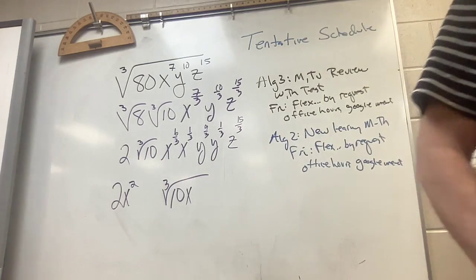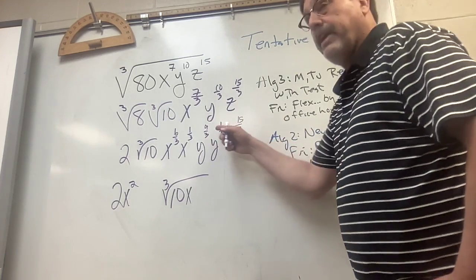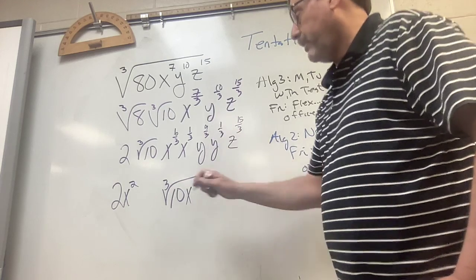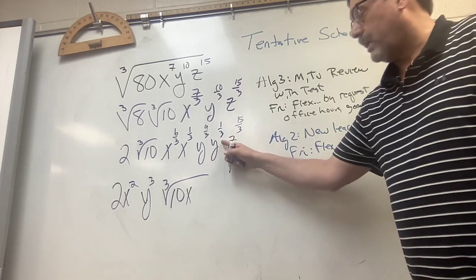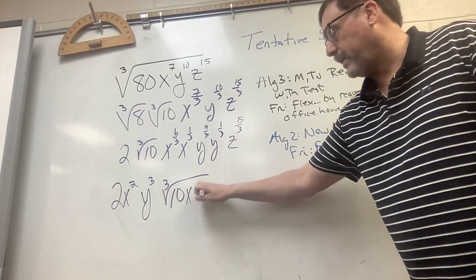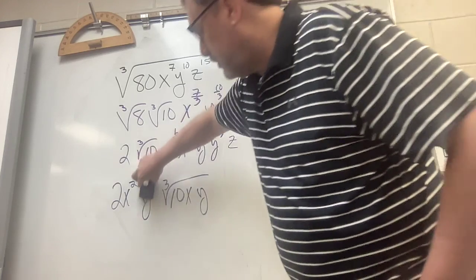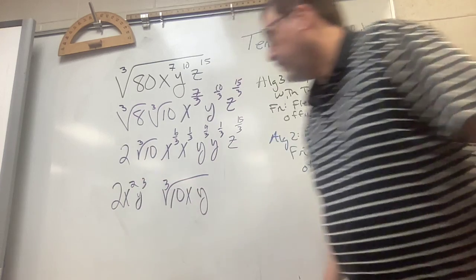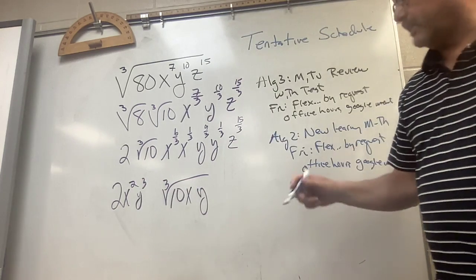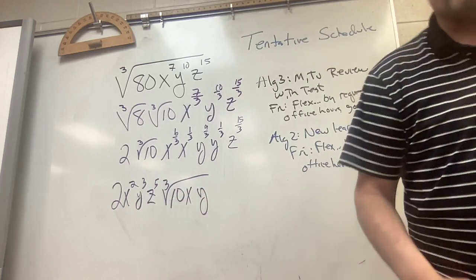You certainly could write it, but x to the 1/3 like that. 9 over 3 for the y is a regular 3. Y to the regular 3. Y to the 1/3 is y, and we usually don't write down the 1/3. And 15/3 is regular 5, z to the regular 5.